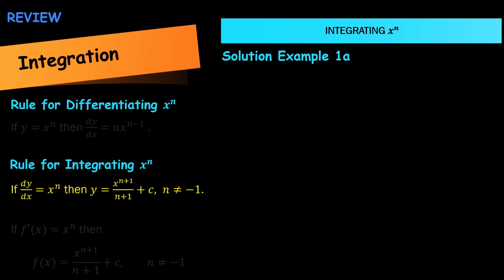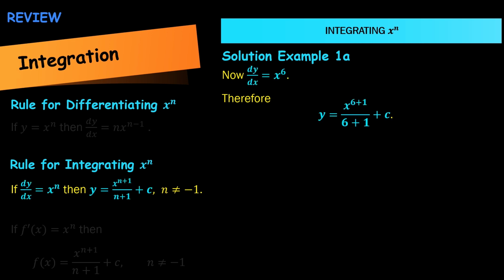So let's solve example 1a first. The rule which we will be using has been highlighted. Since dy dx equals x to the power 6, when we apply this rule, we add 1 to the power and then divide by that new power.